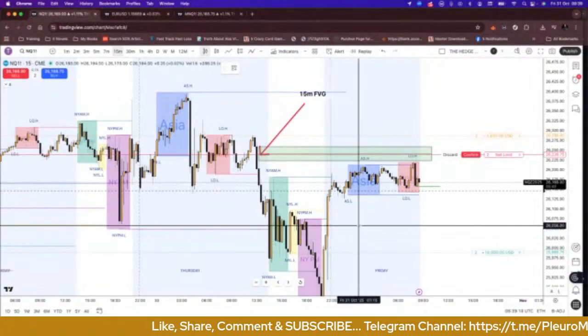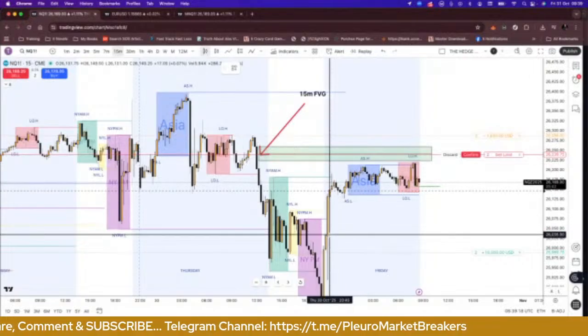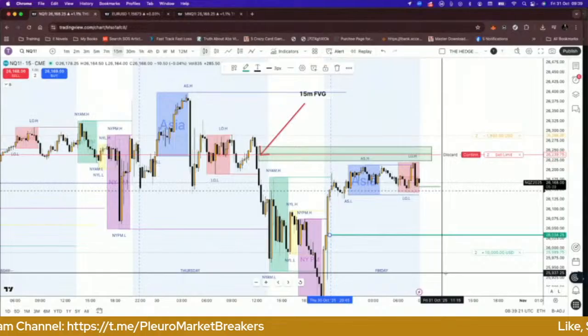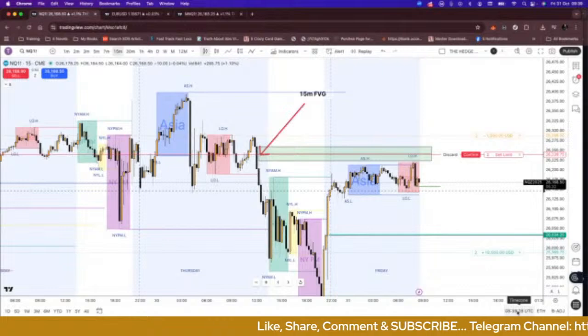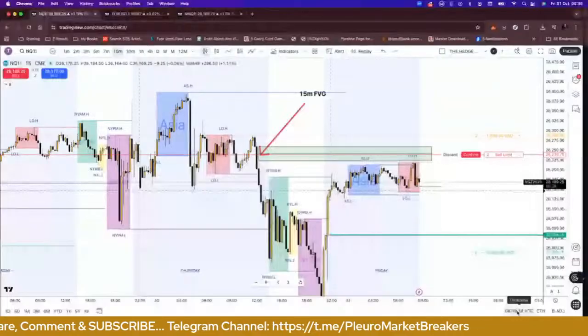There is a massive fair value gap from here all the way down to there, right? I think, methinks, what do I know? Methinks that would be a good place from which to reload for a long.